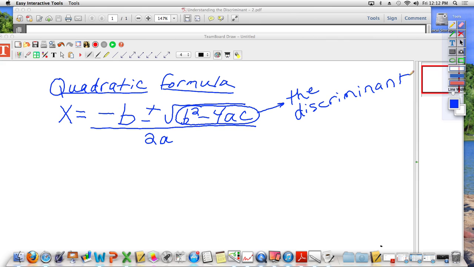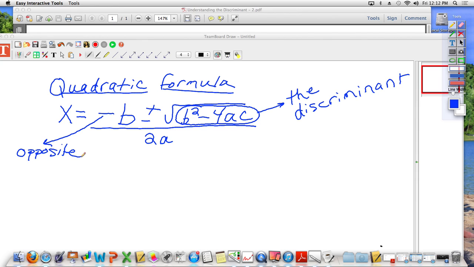That's the discriminant. I also want to make a note that the thing out in front of the b says negative b, but I like to think of it as the opposite of the b. So if it already is negative, in the formula it's going to be a positive. Let's label that as being the opposite.